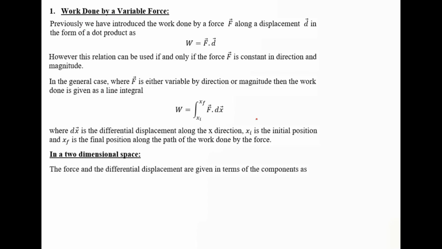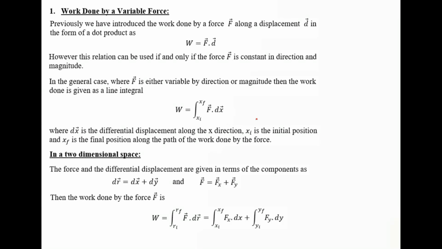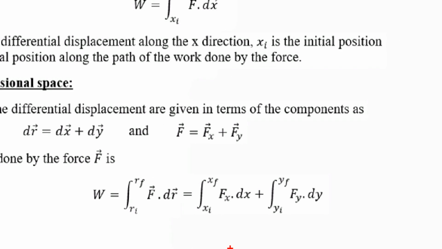In a two-dimensional space, the force and the differential displacement are given in terms of the components as dr is dx plus dy and F is Fx plus Fy. Then the work done by the force would be as that. So here what's happening is the following. Now, the force F is given by the components Fx and Fy, and dr is given by the components dx and dy.